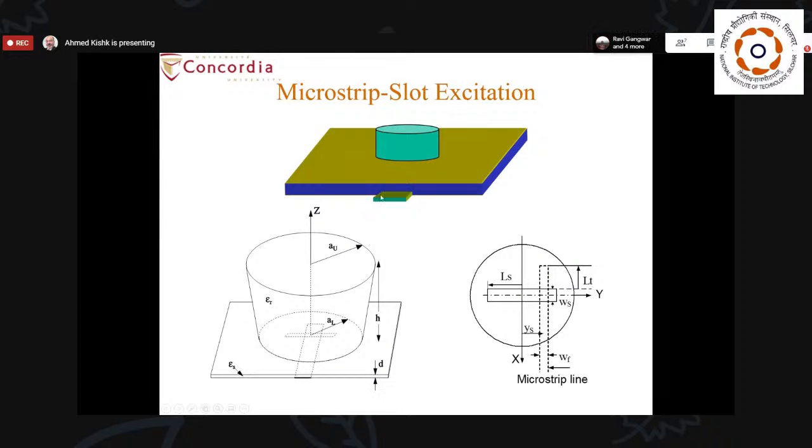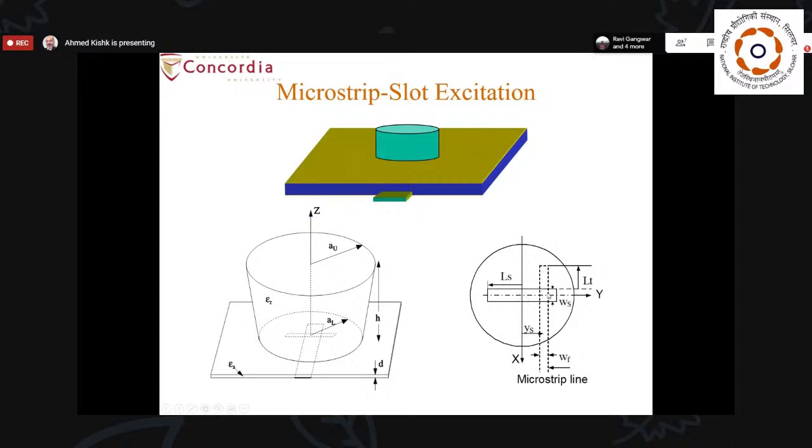In terms of excitation, we can use a microstrip exciting a narrow slot. And the nice thing about this excitation is that you have many parameters to control the matching bandwidth. And here, for example, this is a narrow slot excited by microstrip. It's not necessarily that you have the microstrip in the middle of the slot.